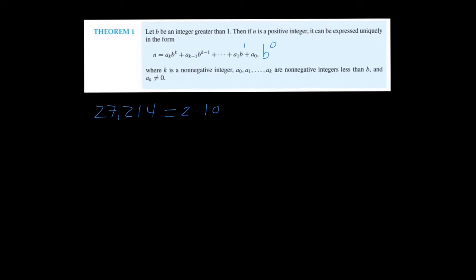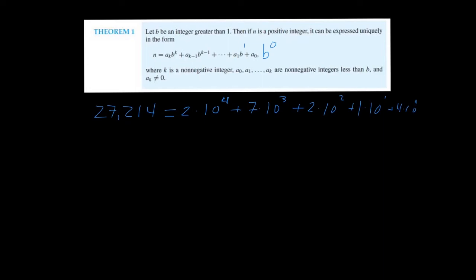And 10 to the fourth, the 10,000s. So this is going to be 2 times 10 to the fourth power plus 7 times 10 to the third power plus 2 times 10 to the second power plus 1 times 10 to the first power plus 4 times 10 to the 0 power.